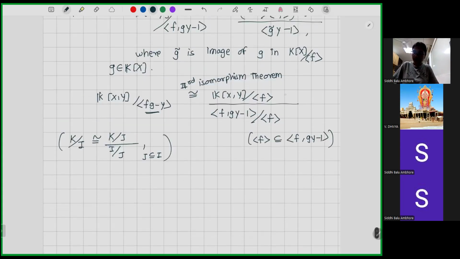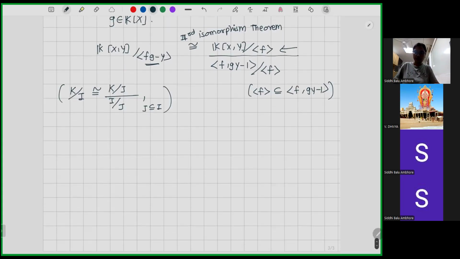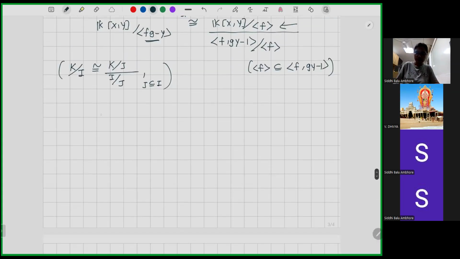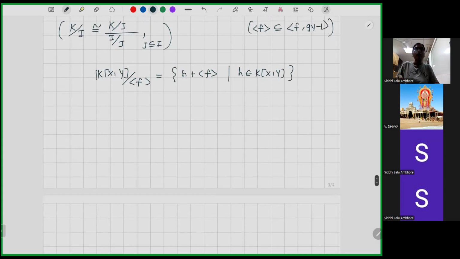Now see what this ring looks like. It is K[x, y] quotiented by f. So what is this? Elements of this ring are h plus f, where h belongs to K[x, y]. But then I can write h as a polynomial in y.